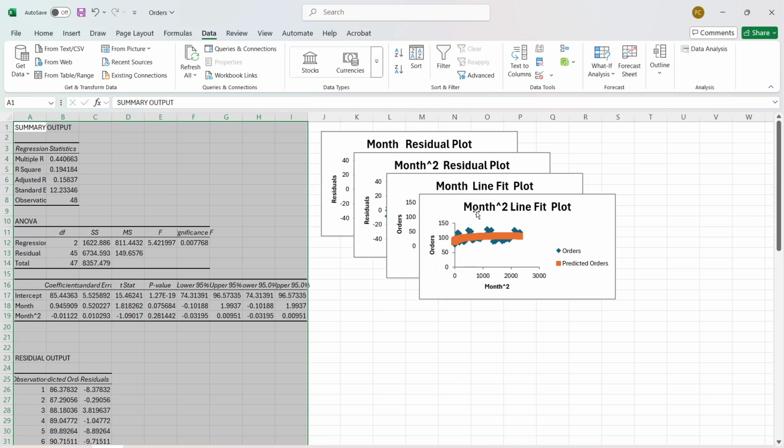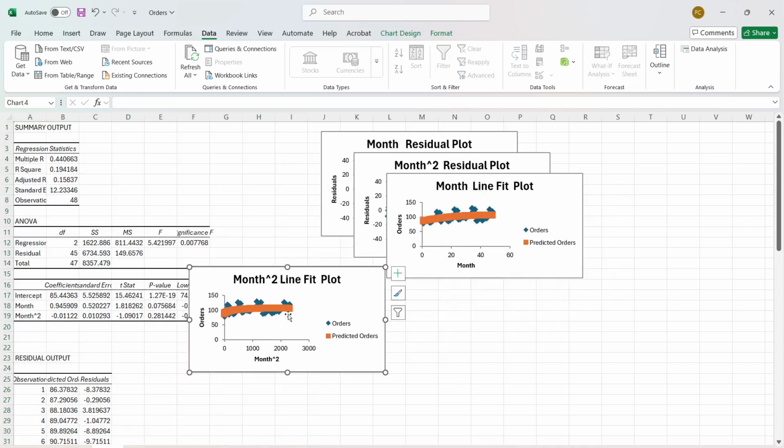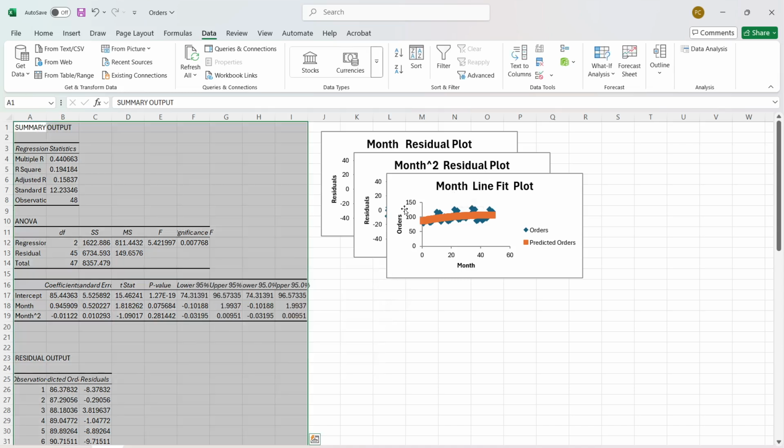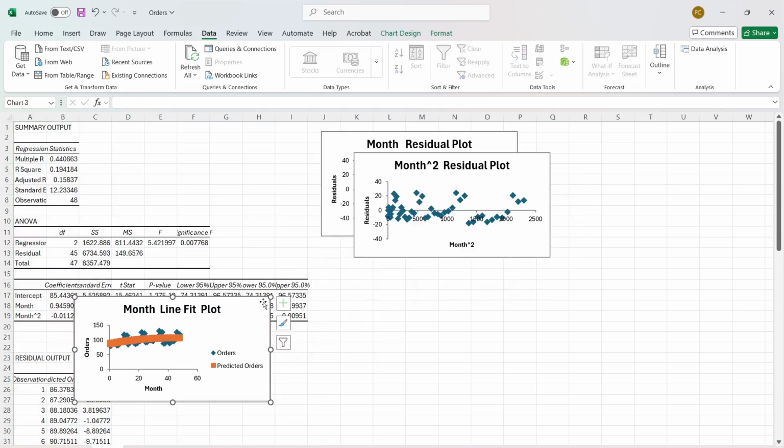So here is the line fit plot for orders and the line as a function of month squared. And I will be the first to tell you that putting month squared on the x-axis, if you had x1 and x2 and x3 that were more real data, that makes sense, but I don't really care about the month squared one because I've got the one that uses regular month. And so I'm going to go ahead and discard that as if it was extra.